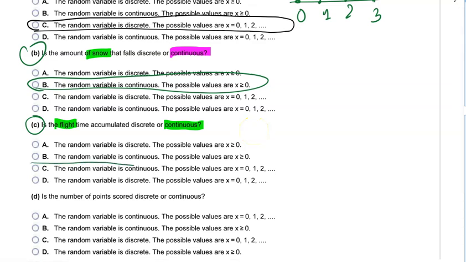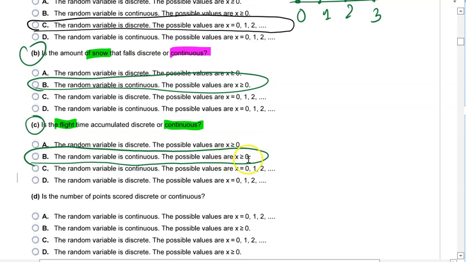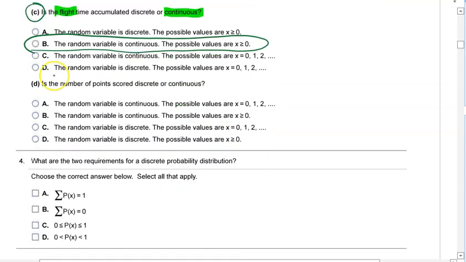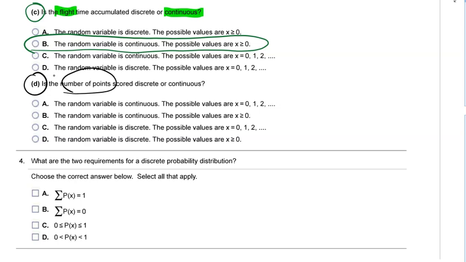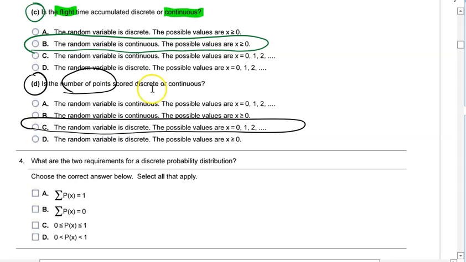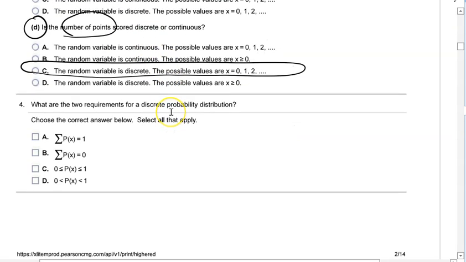The random variable is continuous because possible value are greater than or equals to 0, because time could be 0 and bigger than 0. Flight time per day. If the number of points scored, number of points of course has to be discrete. What's the possible value? Either you can score 0 points or 1 points or 2 points and so on, and that's the answer is C. Okay. Now question number 4.